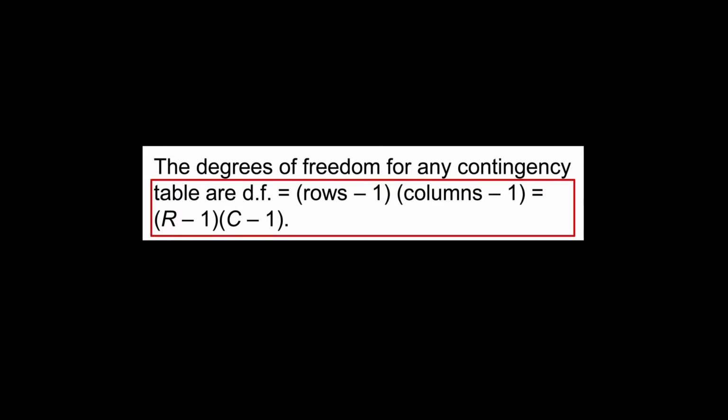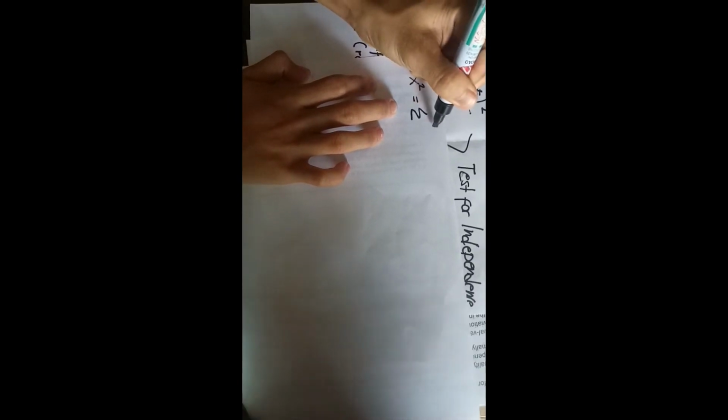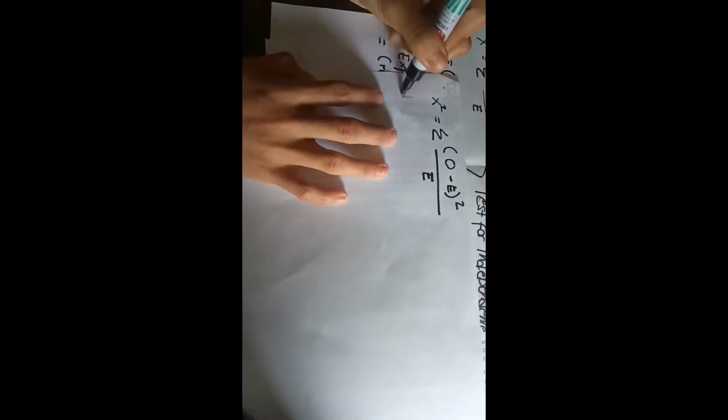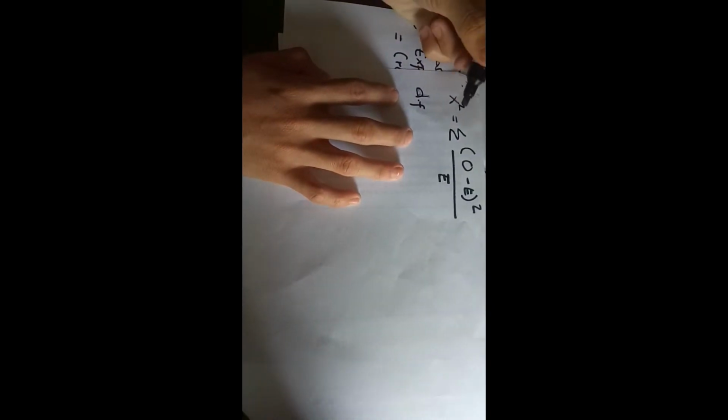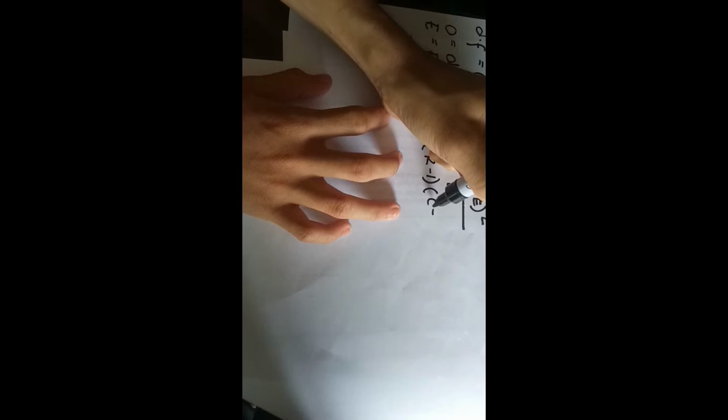So, test for independence, the formula of the test of independence: chi-square is equal to the summation of observed minus expected, squared, over expected. DF means degrees of freedom, the number of categories. So kay independence naman ta, gamitan na is R minus 1 times C minus 1, where C means column.